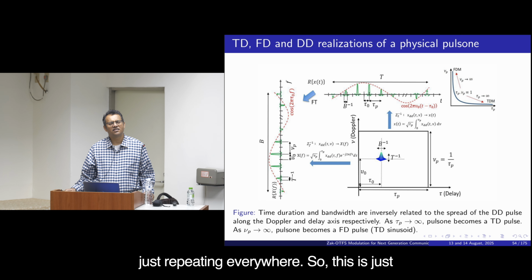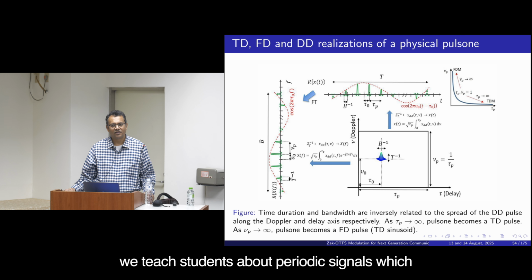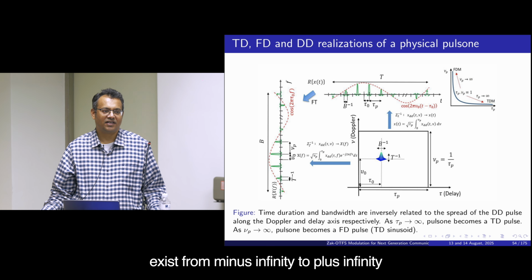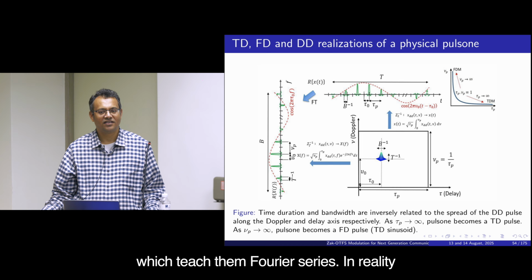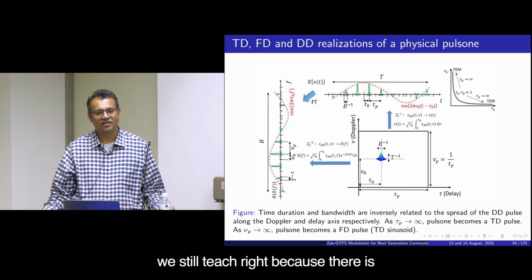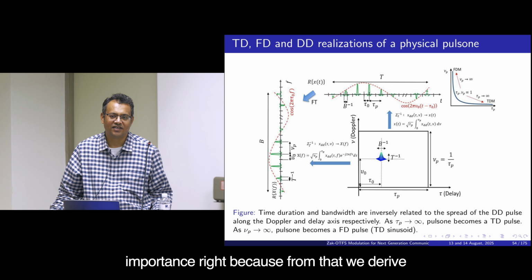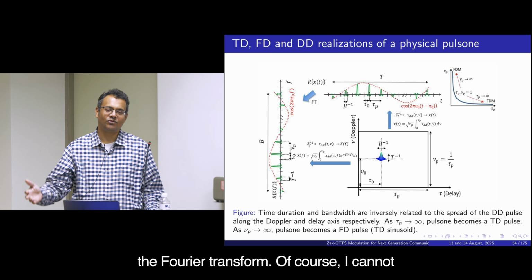So, it's just like, in signals and systems we teach students about periodic signals which exist from minus infinity to plus infinity. We teach them Fourier series. In reality such a signal never exists, but we still teach it because there is importance in the underlying math, because from that we derive the Fourier transform.